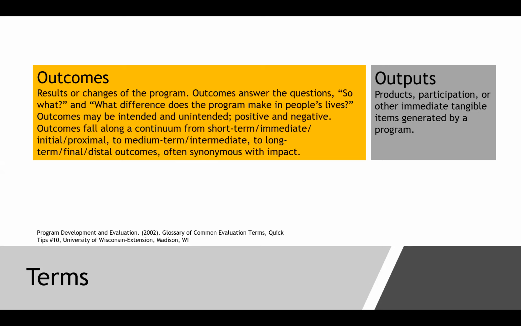Things that you can count up and identify, get your hands on. Now, I included the definition of output because all too often in various types of programming, we stop at the level of outputs and we forget to keep asking those so what questions to get to outcomes.